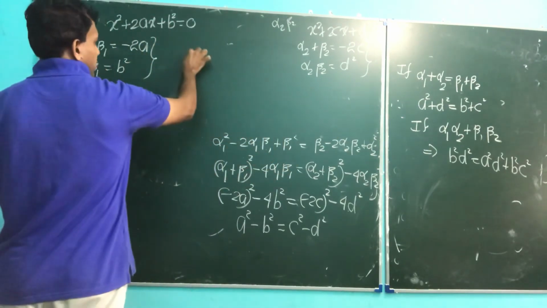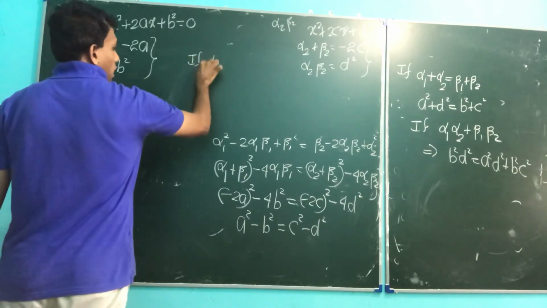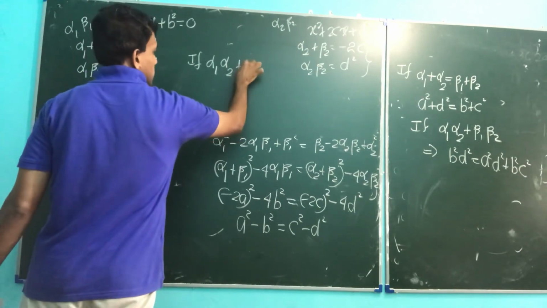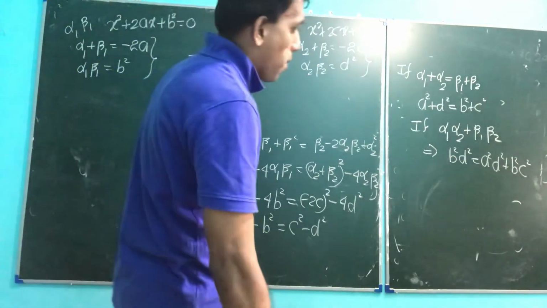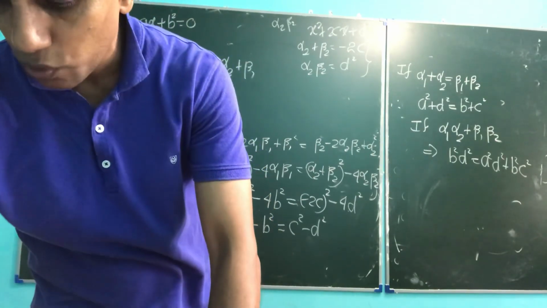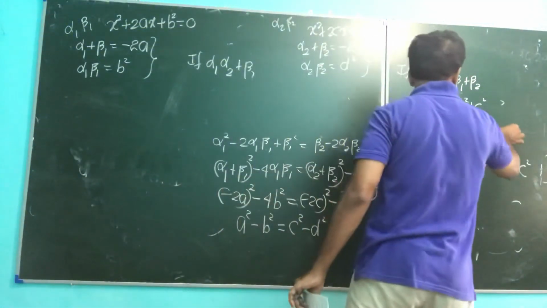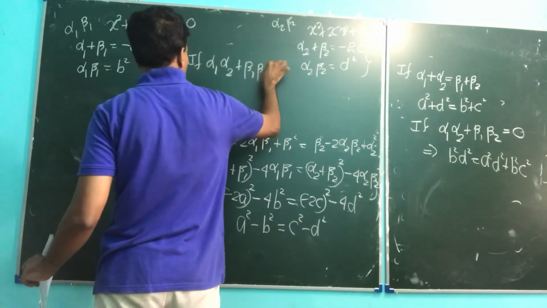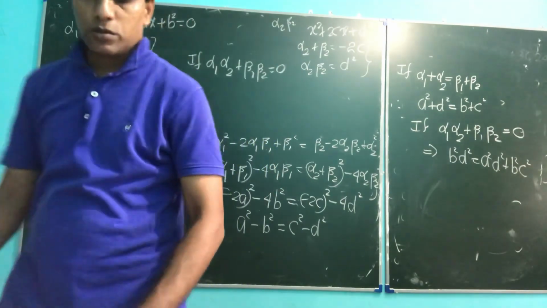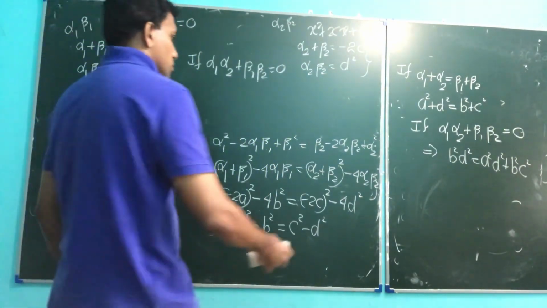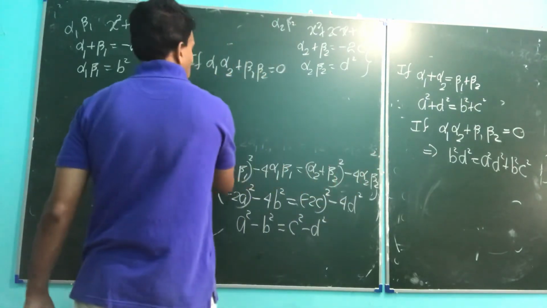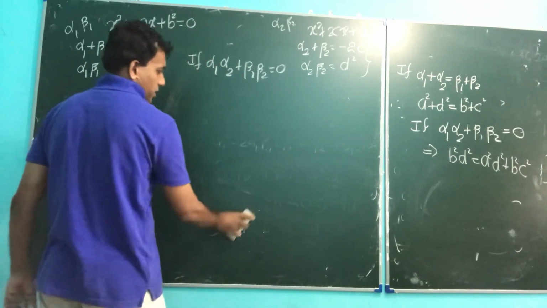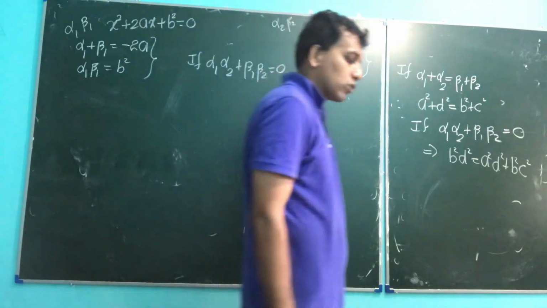See that method: if alpha 1 alpha 2 plus beta 1 beta 2 is equal to 0. So see the idea. You need alpha 1 with beta 1, and alpha 2 with beta 2, not separately.